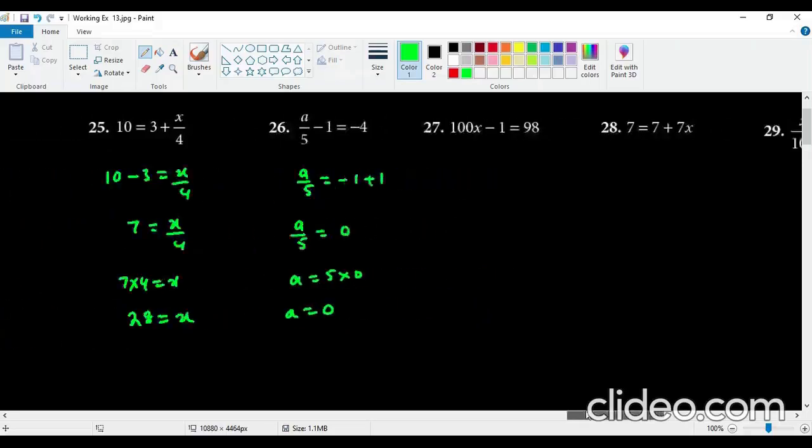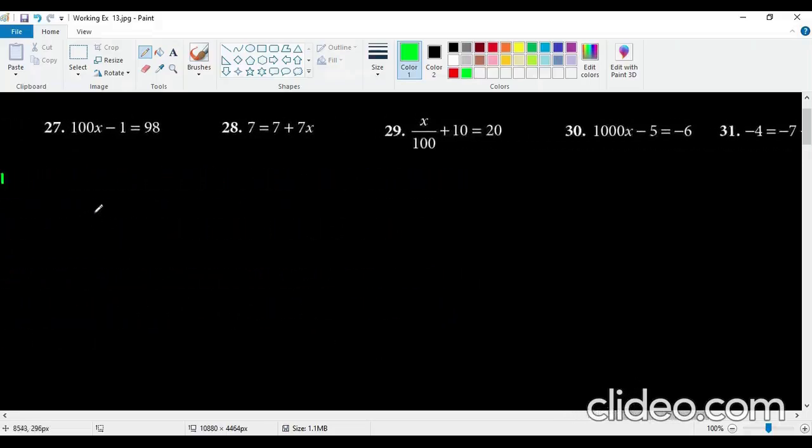When it comes to question number 27, it says 100x equals 98 plus 1, because minus 1 will go to the other side and add to 98. 100x equals 99, and x equals 99 over 100.